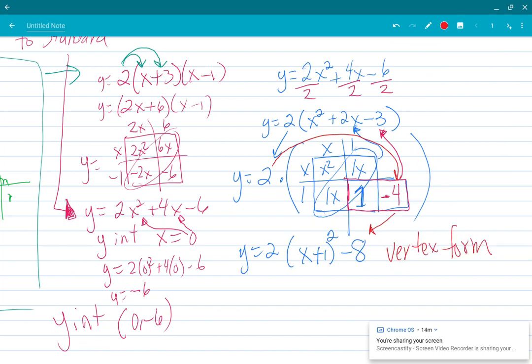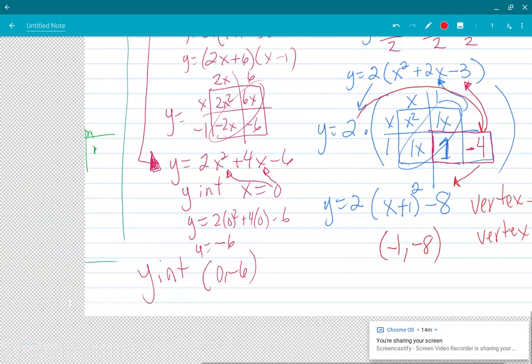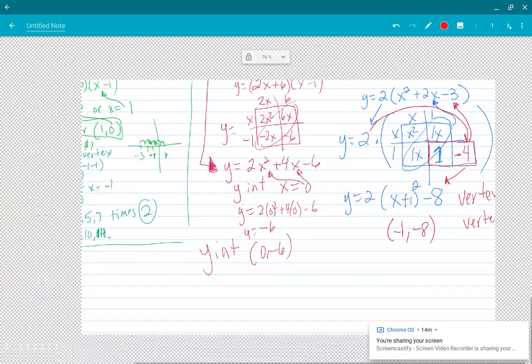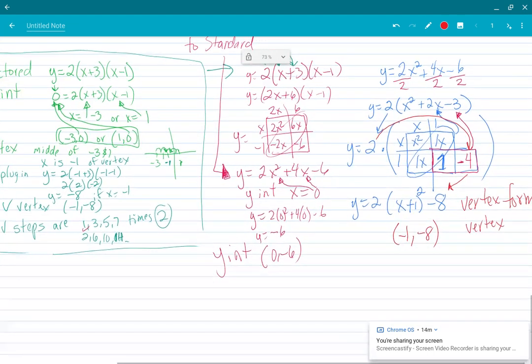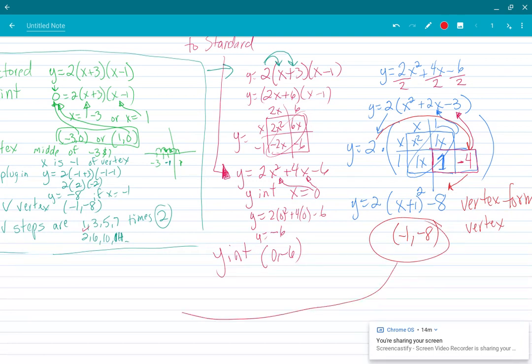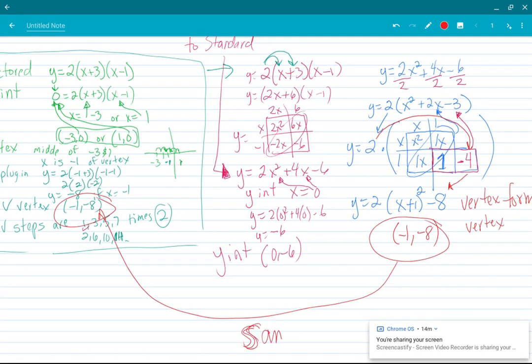By the way, what's the vertex of this one? -1, -8. Is that what we got when we did the first one? Look. See? Same.